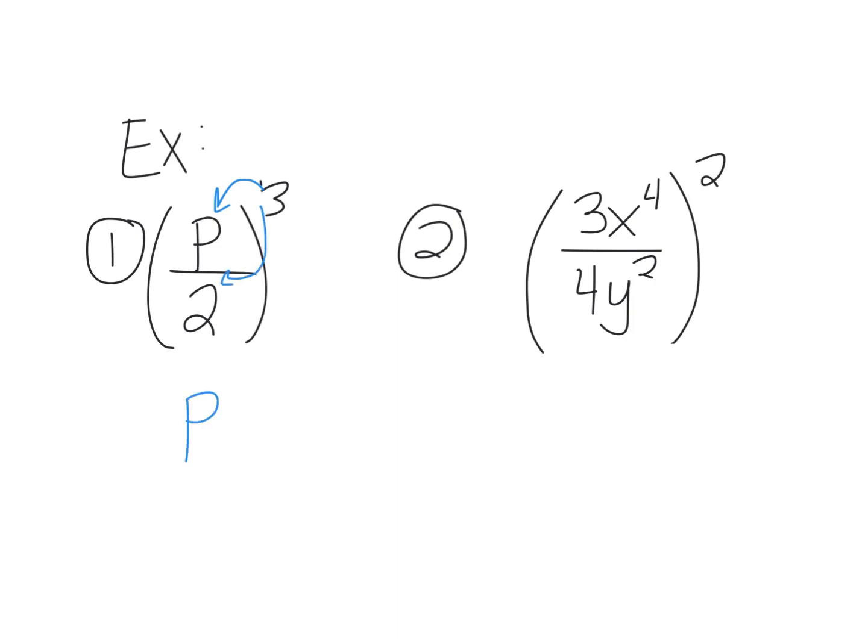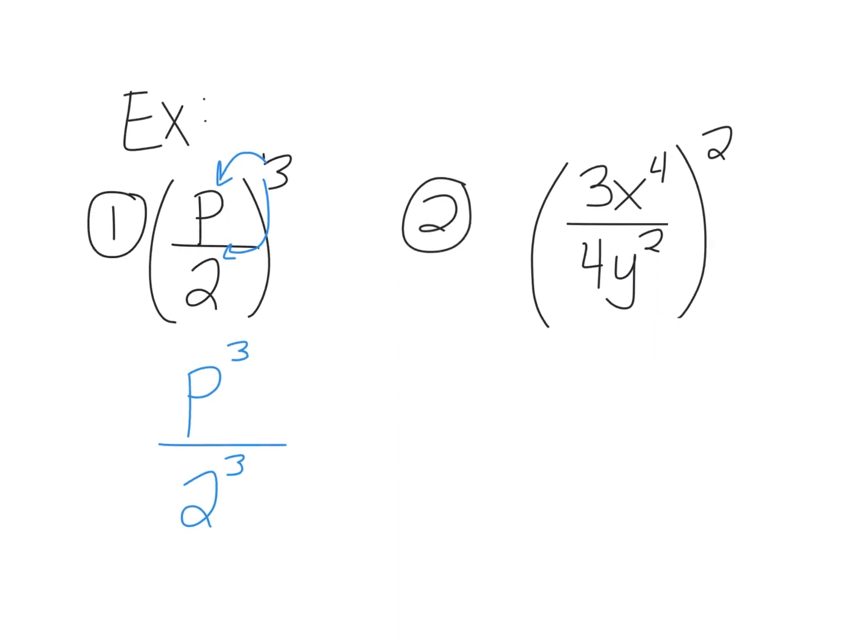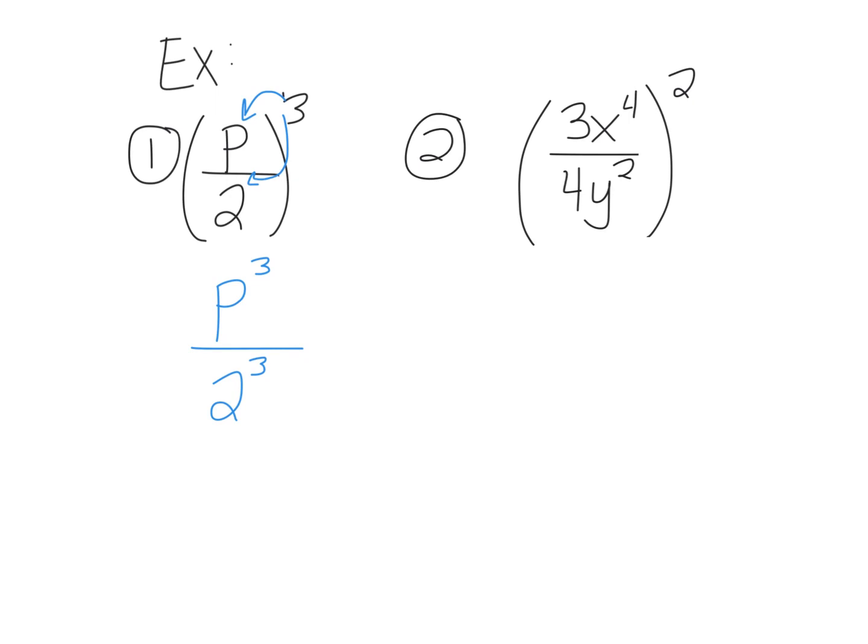So I have p to the 3rd power divided by 2 to the 3rd power. Remember, when you bring those in, they stay as exponents. So how can I simplify this further? Can I simplify p to the 3rd? Nope. Can I simplify 2 to the 3rd? It is 8. Yep.